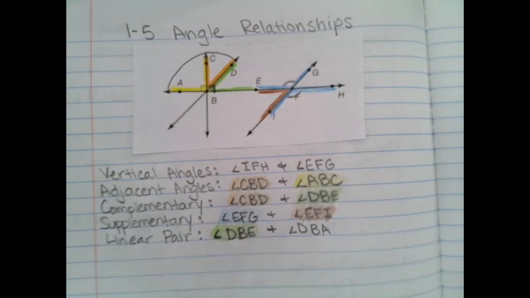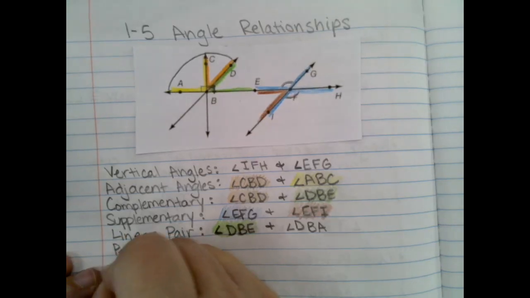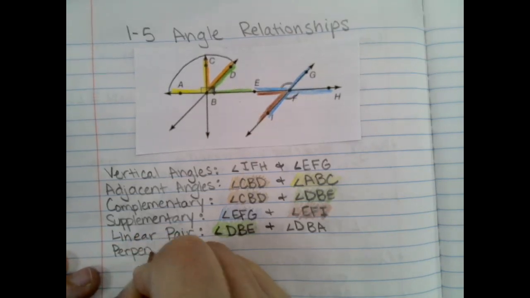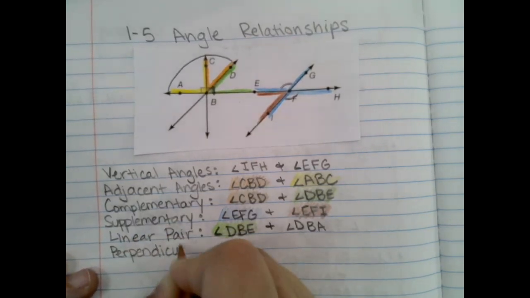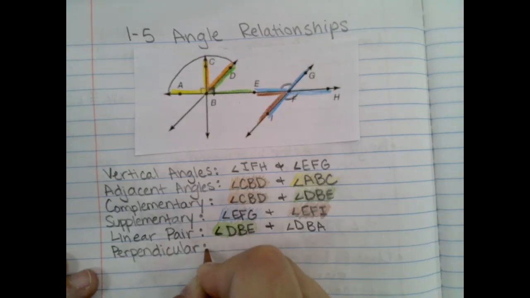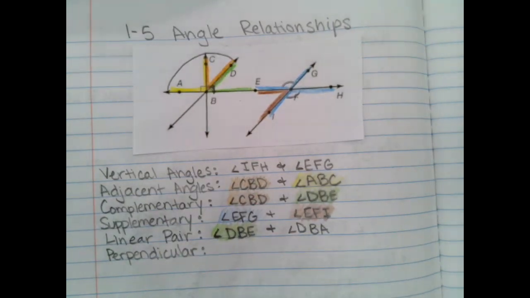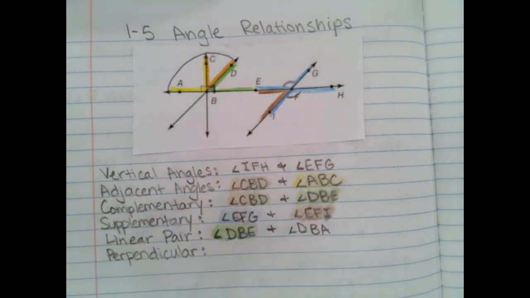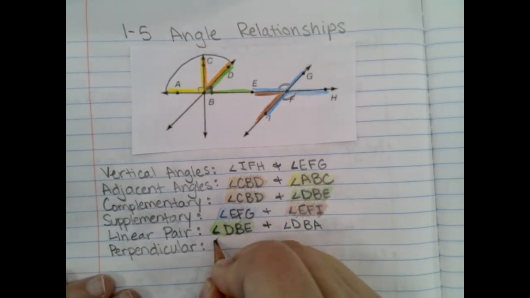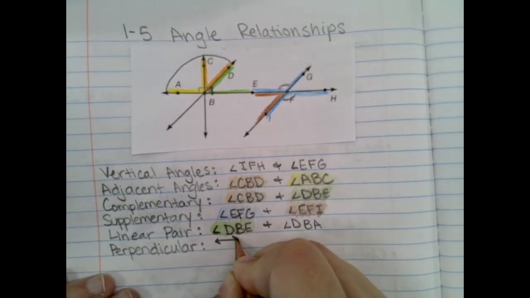All right, last one is perpendicular. So perpendicular, we're looking for that 90-degree angle. We drew one 90-degree angle, and then there was one already drawn for us. So how could we name those lines that have that perpendicular? What's one of those lines?